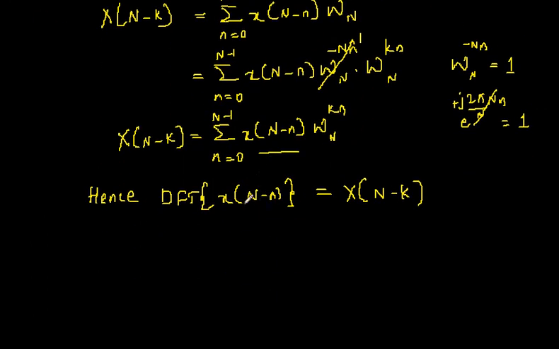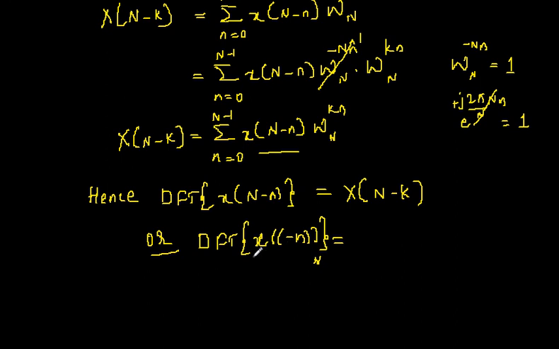To prove the other result, put capital N equal to 0 here. I would get the other result, the DFT of x of minus n. I'll not just write minus n with one parenthesis, I will include two parentheses. It's mainly because I don't have time reversal here. I don't have time shift here.